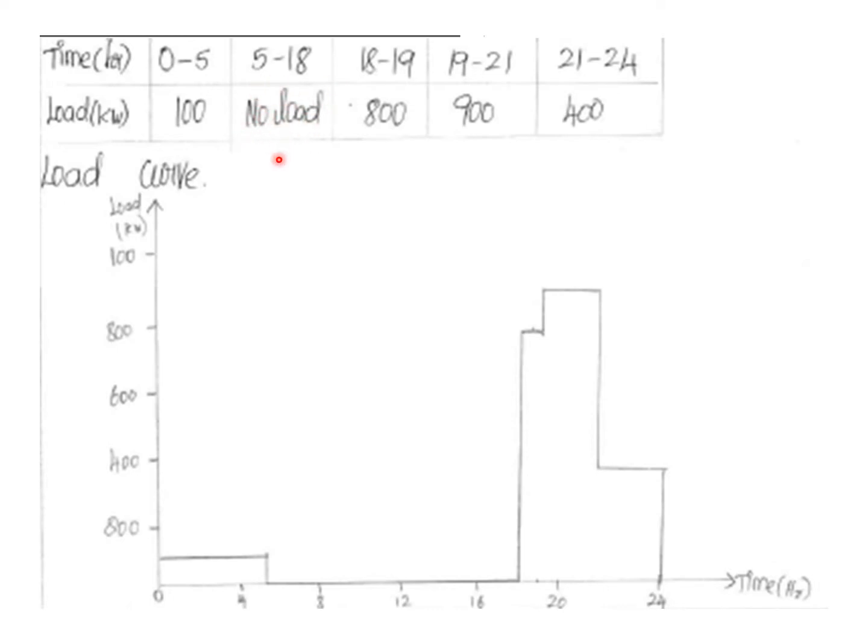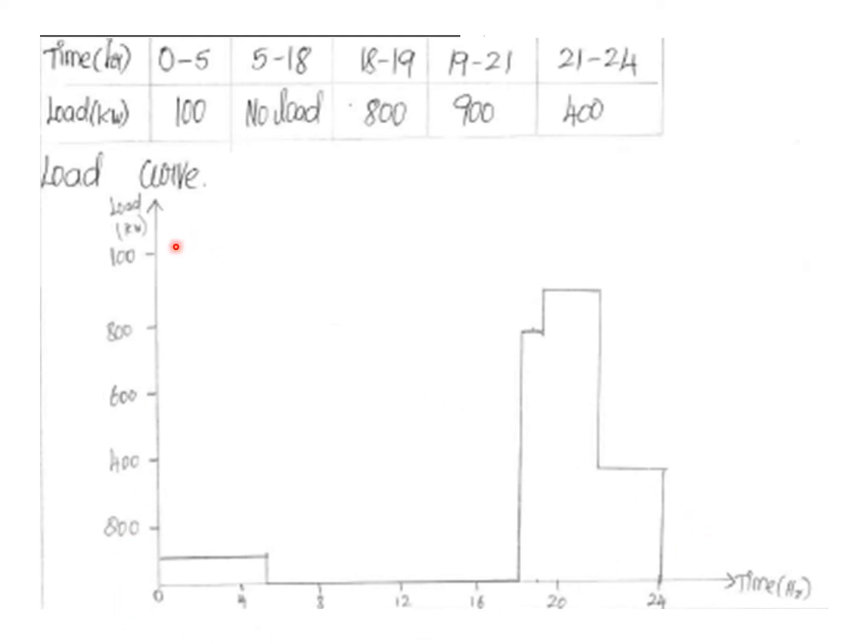Then 6 p.m. to 7 p.m., 800 kilowatt, and 19 to 21, that is 7 p.m. to 9 p.m., 900. Then 9 to 12 p.m., 400. So I have to frame this table, and with the help of this table I can draw my load curve.